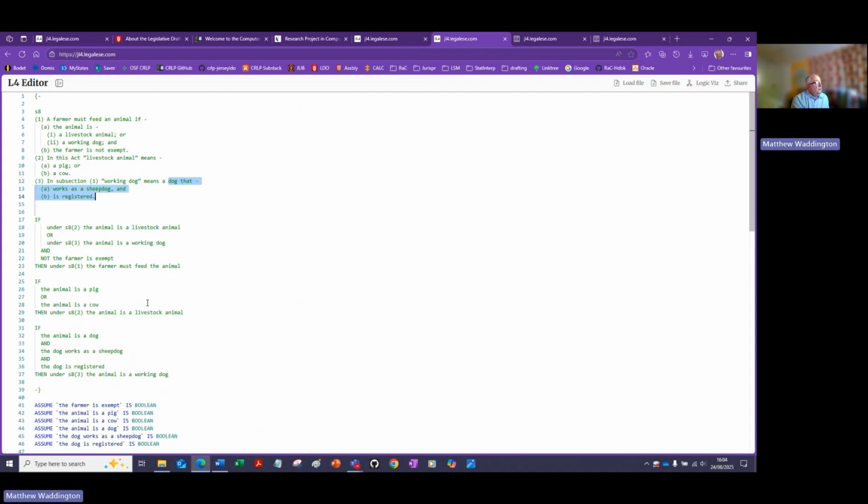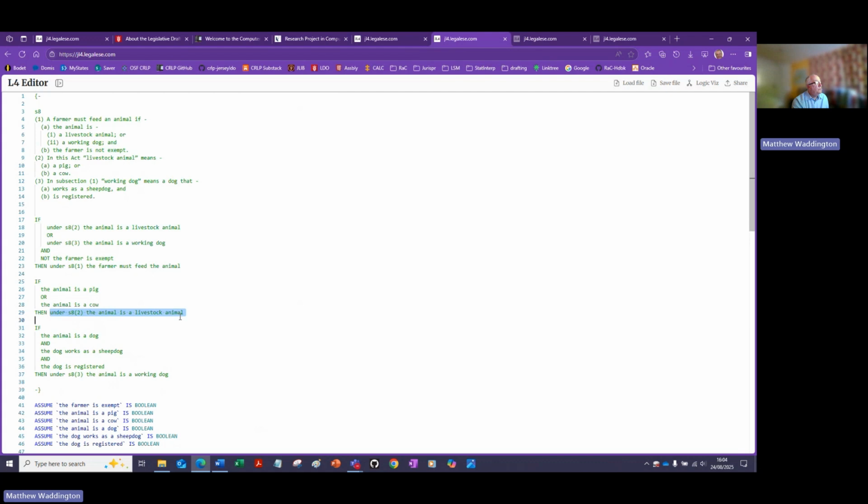Once we've got that, because the conclusions to these two are the same as the conditions for these two, under section, sorry, we put in where they are as well.